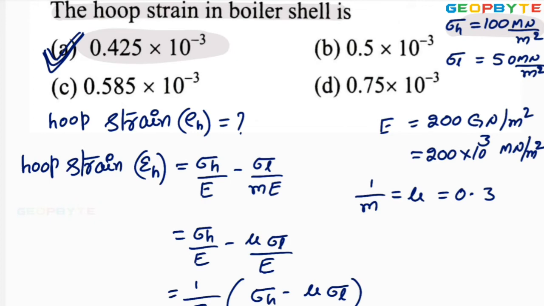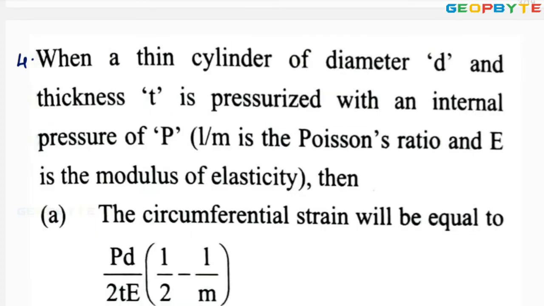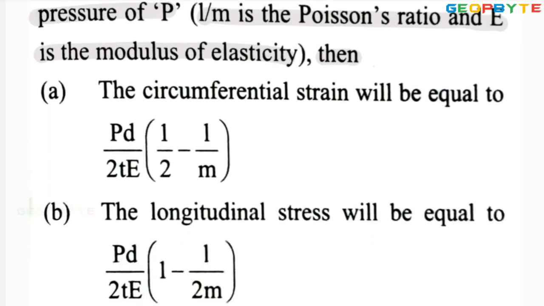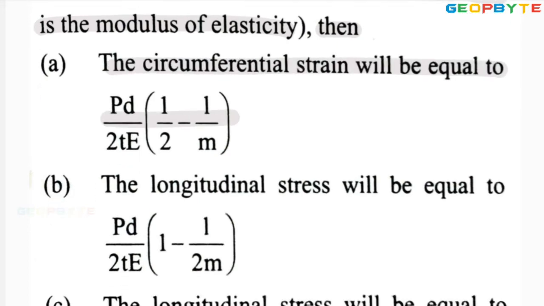Let us go for the fourth problem. Look at the fourth problem. When a thin cylinder of diameter d and thickness small t is pressurized with internal pressure P, 1 by m is the Poisson's ratio and E is the Young's modulus of elasticity, then the circumferential strain will be equal to this value.